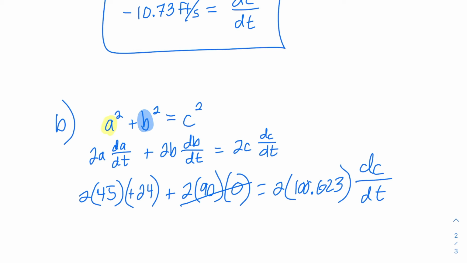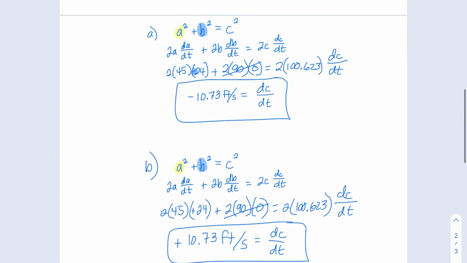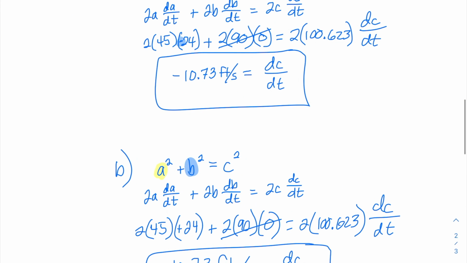We can multiply and divide, and we come up with, in this case, a positive 10.73 feet per second. So it's basically going to be the same thing when we are calculating the increase in distance to third from where the runner is, as it is the decrease in distance to second from where the runner is in this question.